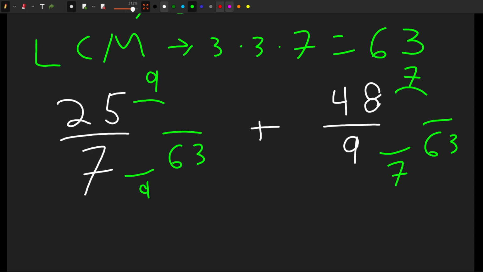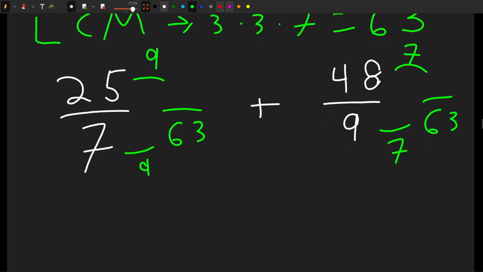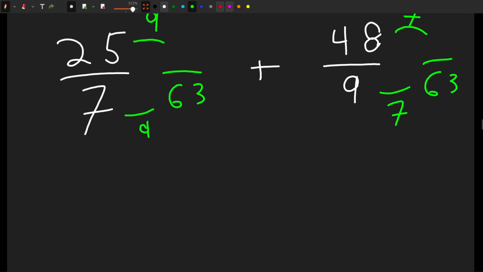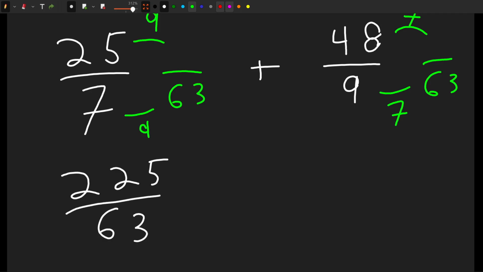Okay. 25 times 4 is 100. Therefore, 25 times 8 would be 200, because it's double what 25 times 4 was. Adding another 25, I'll get 225 over 63. You could also just work it out by hand, but you'll get 225 over 63.